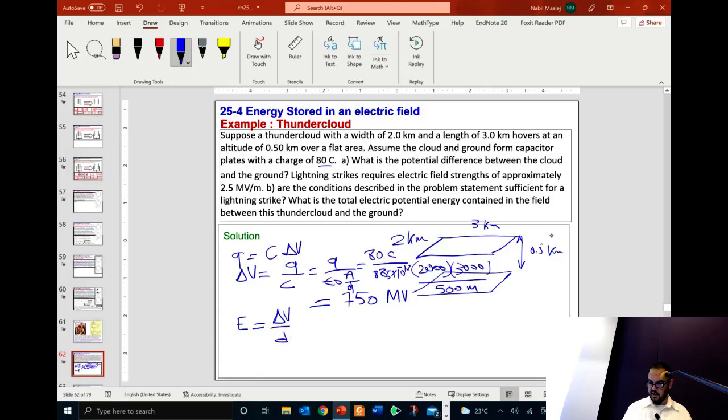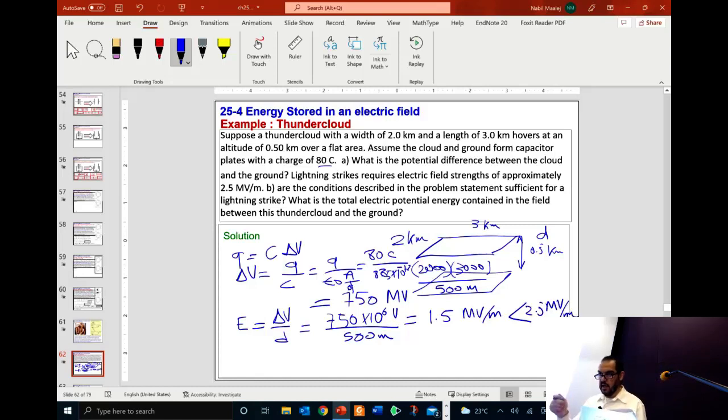So that's 750 times 10 to the power 6 volts divided by 500 meters, and we get in this case 1.5 million volts per meter. This is less than 2.5 million volts per meter, and hence we will not have a lightning strike, because it's not enough.